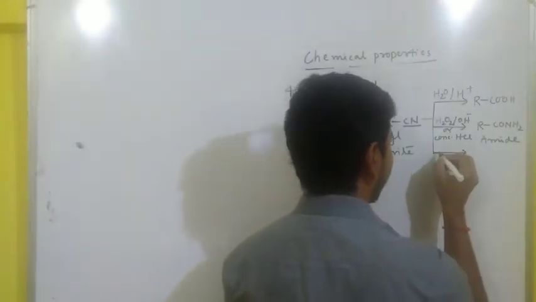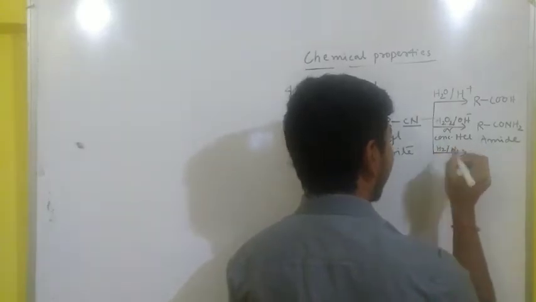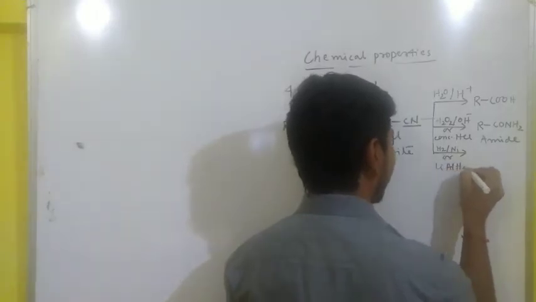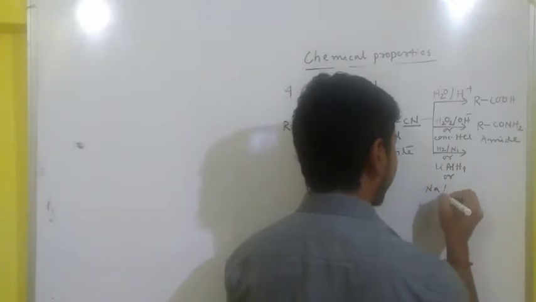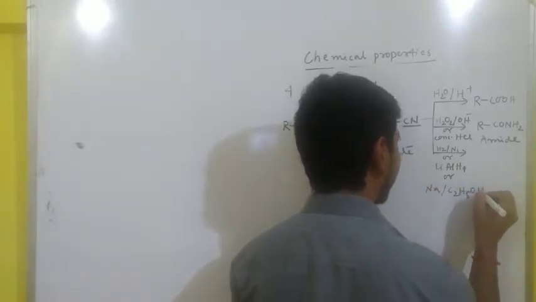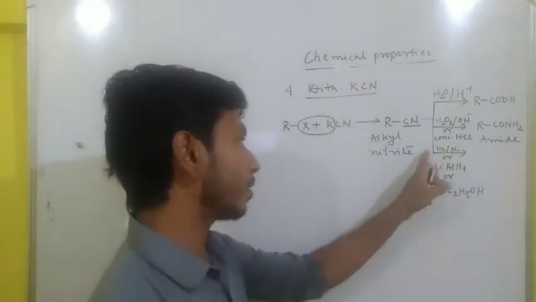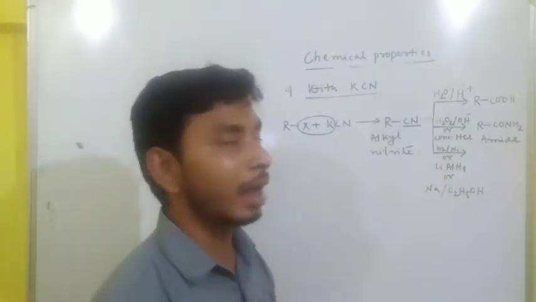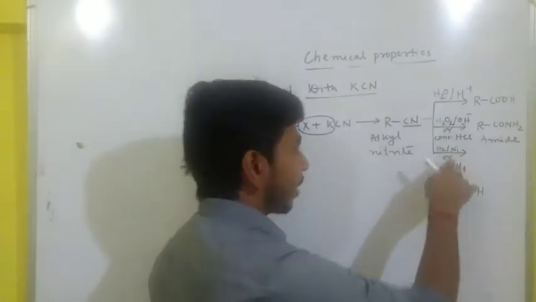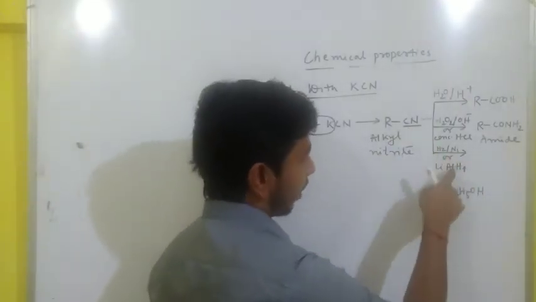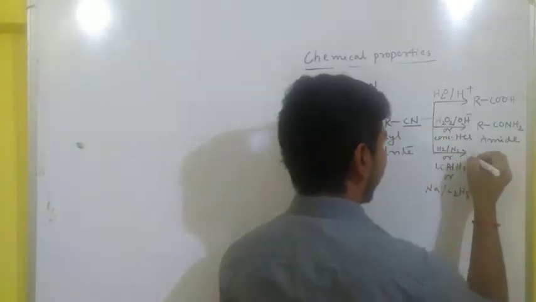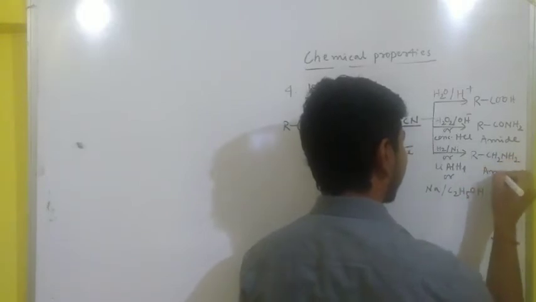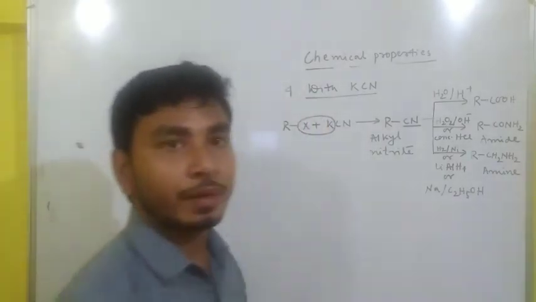Upon reduction, that is hydrogen with nickel, or lithium aluminium hydride, or sodium in ethanol, these are the reducing agents. The cyanide group on reduction is always converted to CH2NH2, which is an amine.